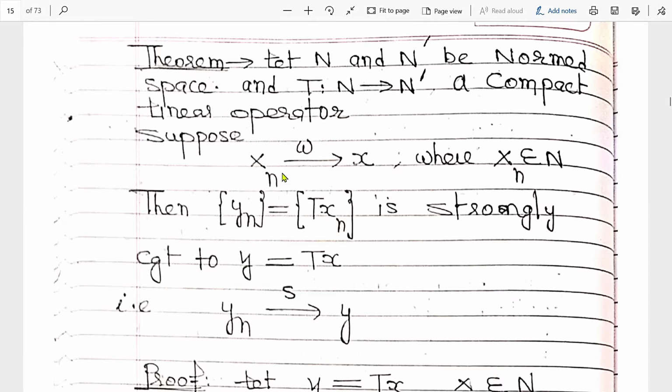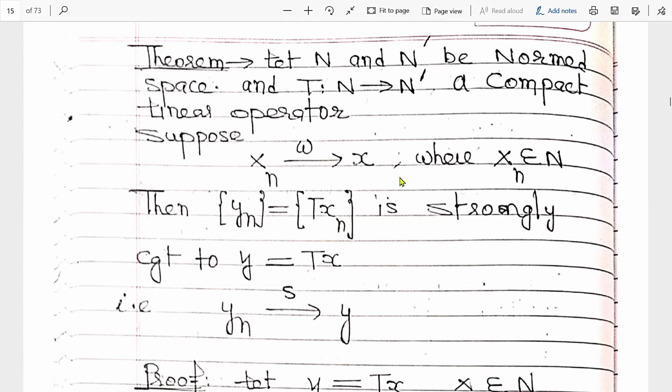Suppose the sequence xn is weakly convergent to x, where xn belongs to N. First, let me recall the definition of weakly convergent. If this sequence approaches x, then f of xn also approaches f of x. Clear? So that is the definition of weakly convergent.